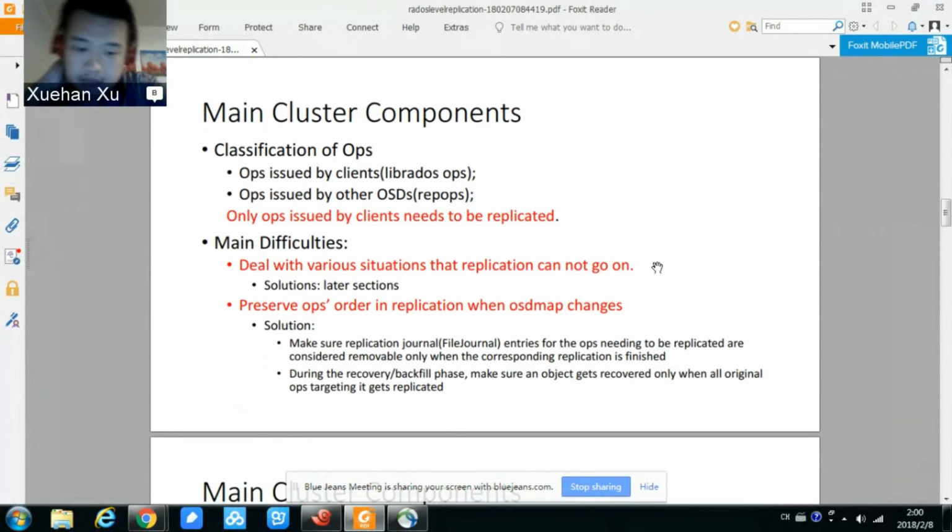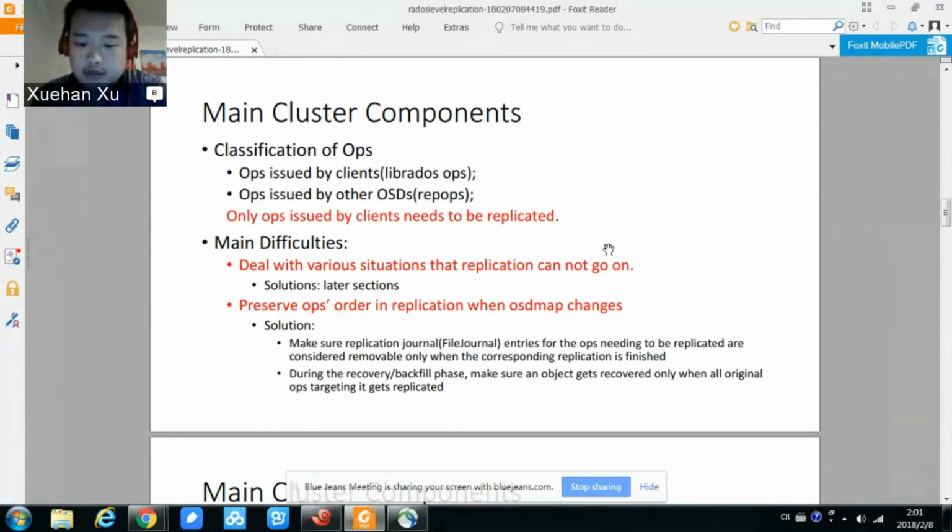We think that the main difficulties when implementing the replication mechanism in the main cluster part are the following. The first is we have to deal with various situations in which replication cannot go on.